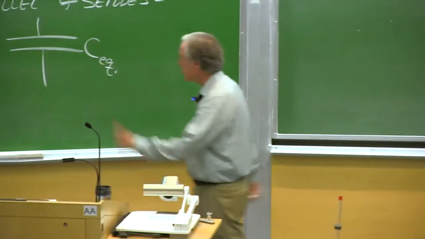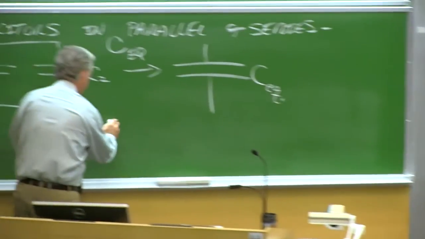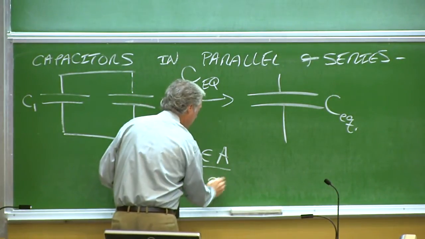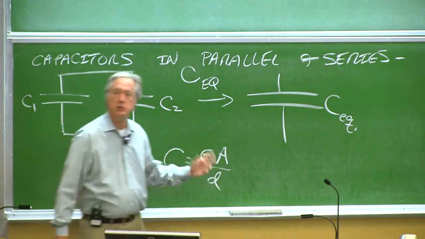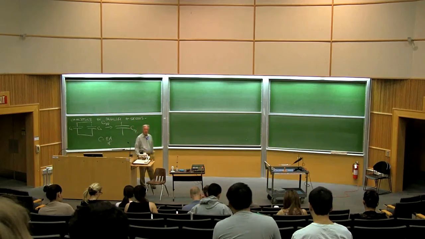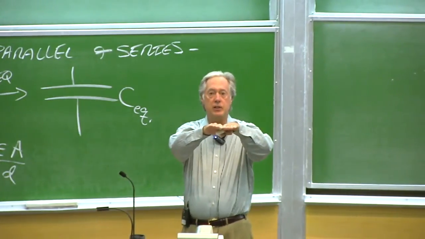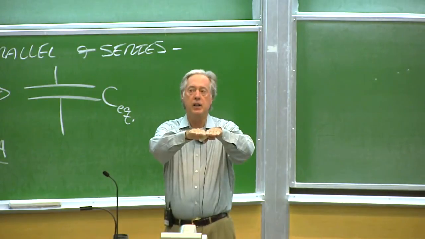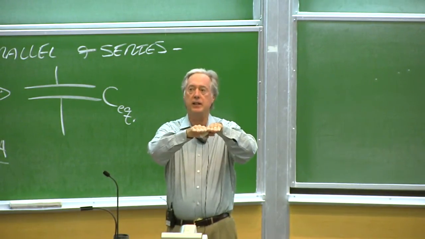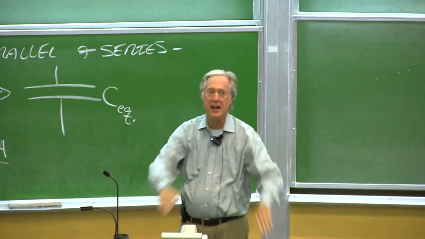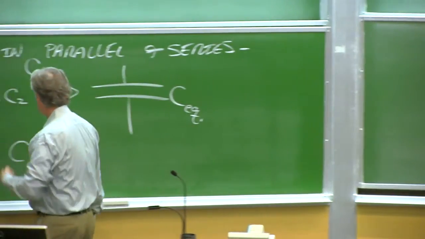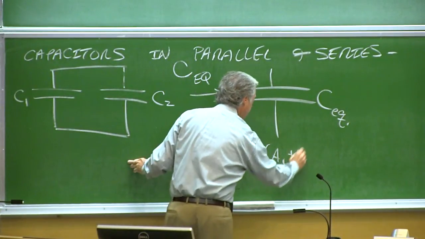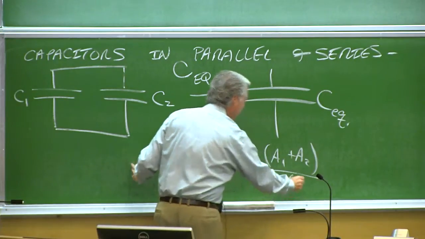And if we're thinking about capacitance being a geometric effect where it's some factor times the area divided by the separation of the plates, or some other geometric factor like this, what we've done by bringing the two plates together is taken the area of the first one, the area of the second one, and made a larger equivalent plate that is just the area of both of them added together. So in this case, it's going to go to epsilon times A1 plus A2 divided by the separation.